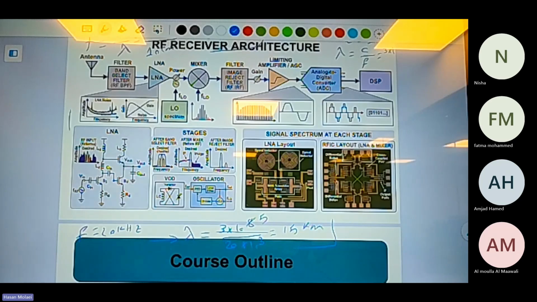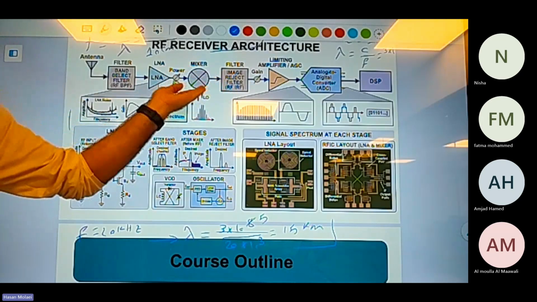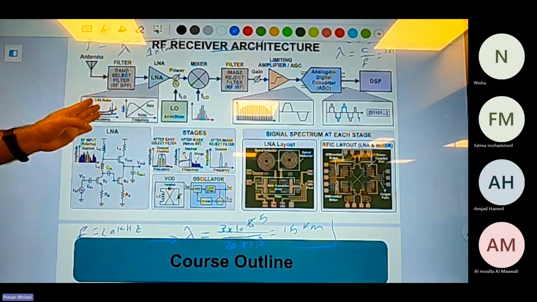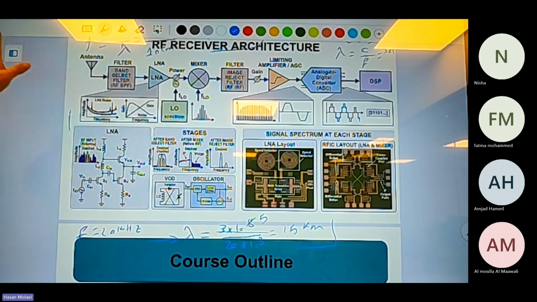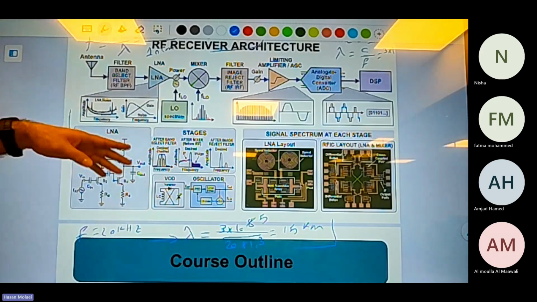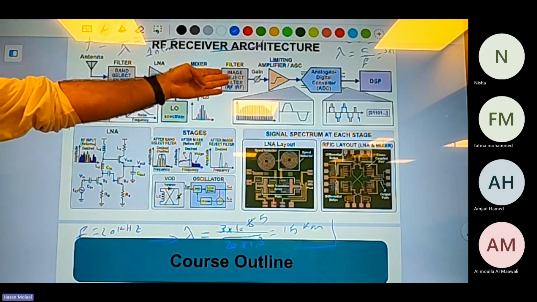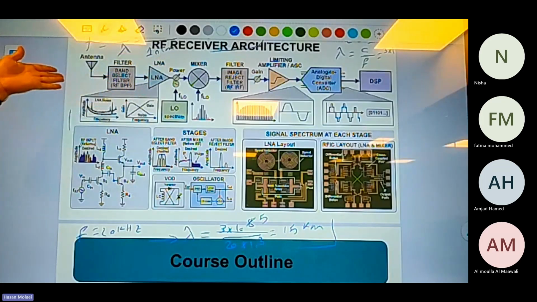If I'm talking about an image reject filter, you should be able to know what I'm talking about, what kind of signal in which domain. So you should be able to analyze the frequency domain and the time domain. And even after that, suppose I designed this circuit, but at the end I see that it's oscillating. I should be able at least to find what the source can be.